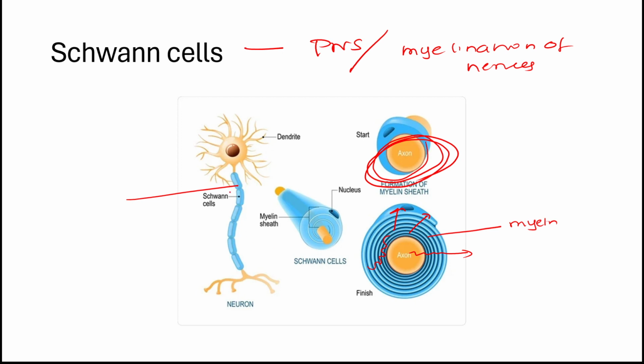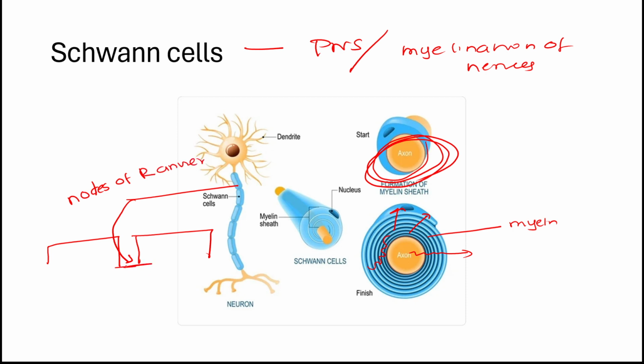These Schwann cells are found along the axon, and in between there are non-insulated regions, which are nodal gaps known as nodes of Ranvier.